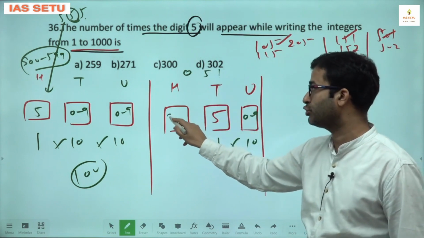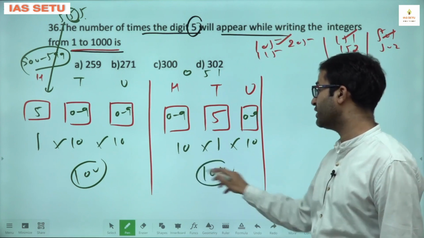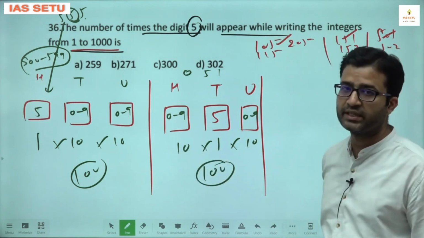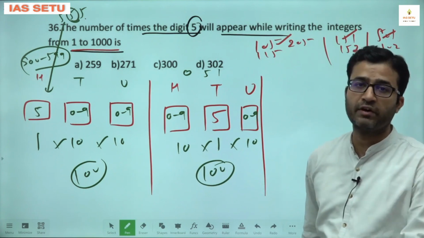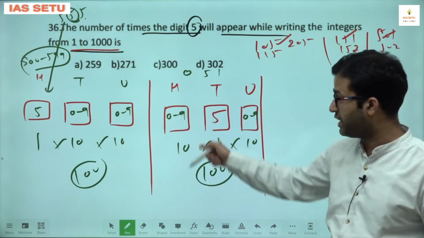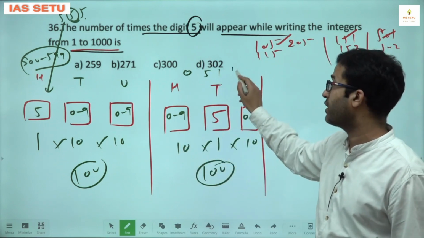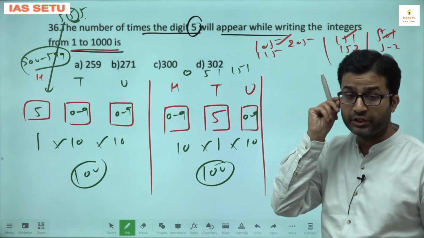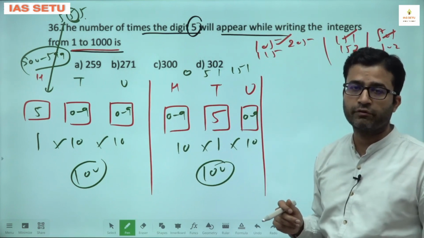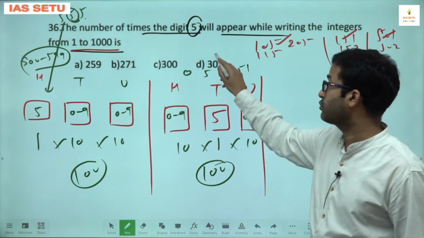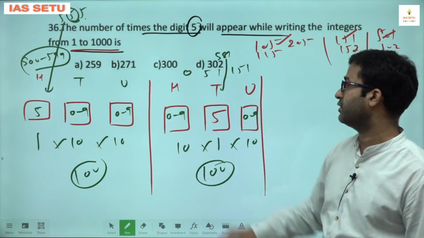So I can use 0 also, 0 to 9, so it can be filled in 10 different ways. So 100 such numbers are there, because at the 100 place you can put 0. Because 050, 051, 052, 053 also satisfy your question. You can use 0, you can use 1: 151, 152, 153, 251, 253, 451, 452, 453, 551. So 551, 552, I will take care of. This 5 I will take care of.